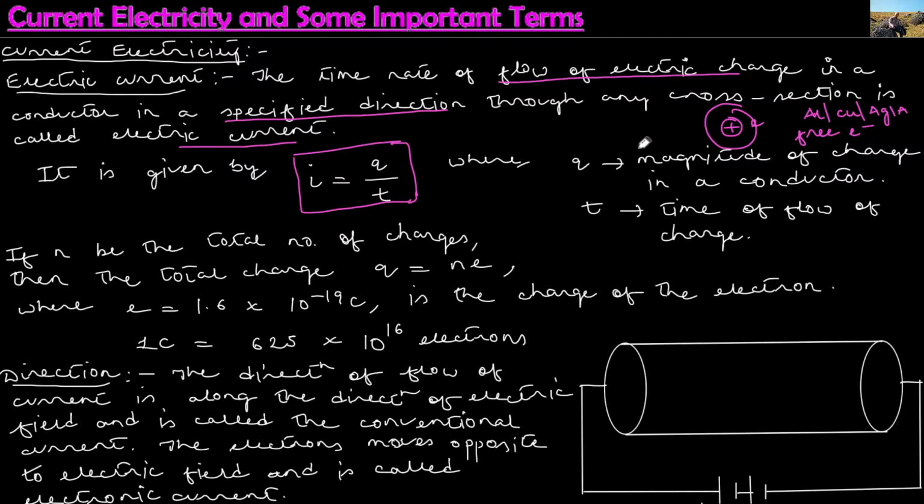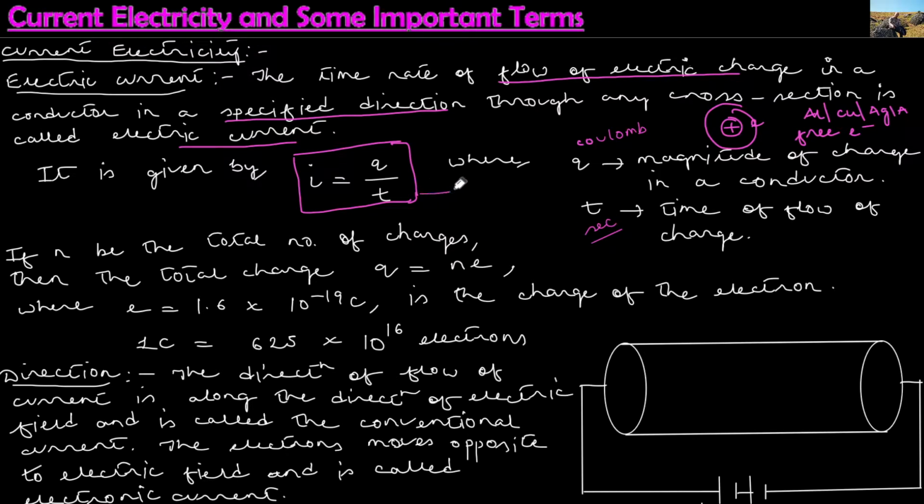The SI unit of charge is coulomb, and the SI unit of time is seconds.